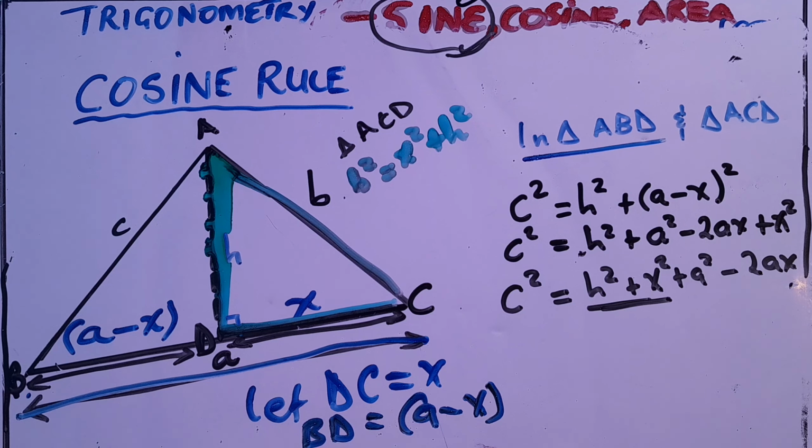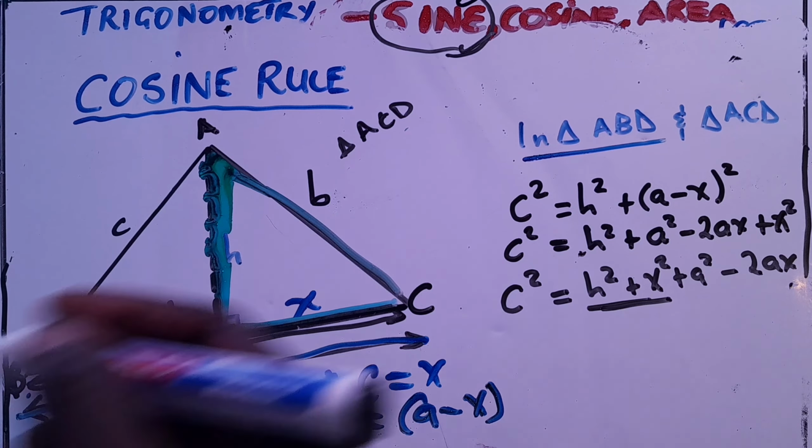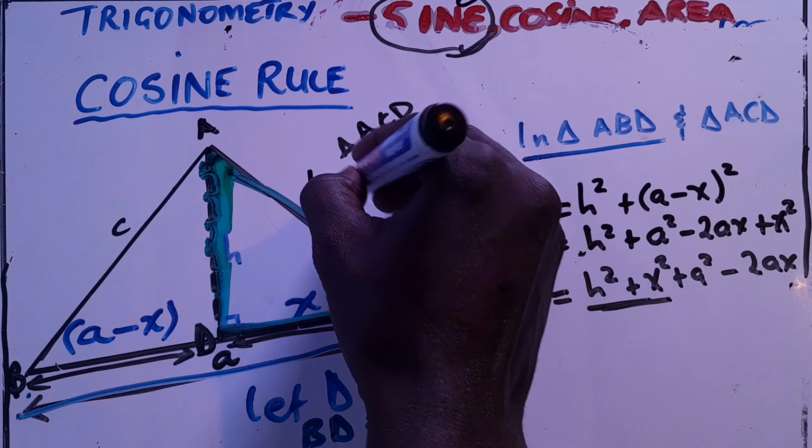Let me write it like this. B squared is equal to X squared plus H squared. Can you see that? Using the theorem of Pythagoras. So B squared is represented by X squared plus H squared.